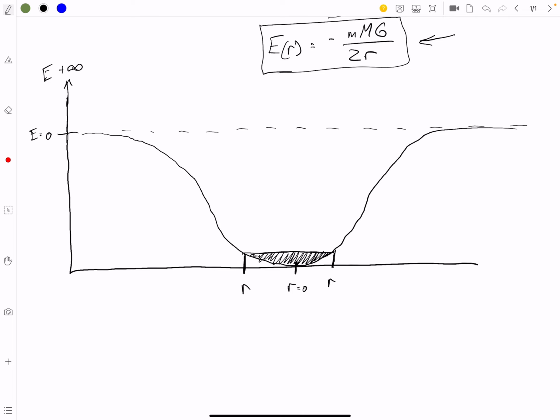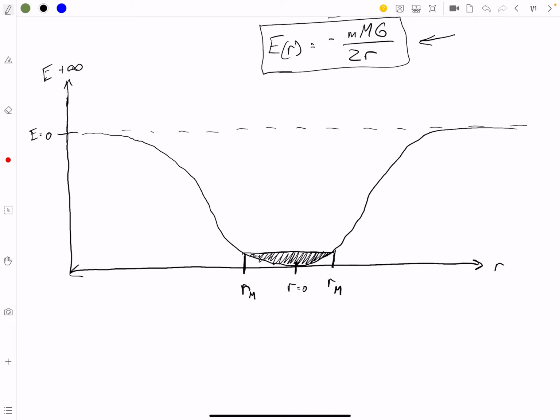Okay, so here's, if we're going to say r goes out that direction and r goes out this direction, this is the radius of the large mass object, okay?